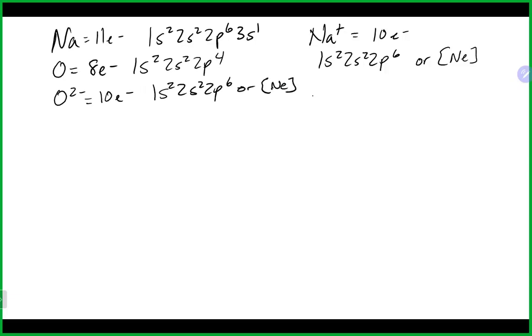So neon, oxygen with a -2 charge, oxide, and sodium with a +1 charge, they all have the same electron configuration. That is what is known as being isoelectronic with each other. They're isoelectronic, same electron configuration.